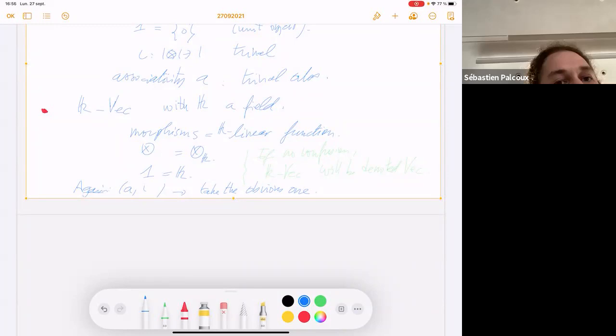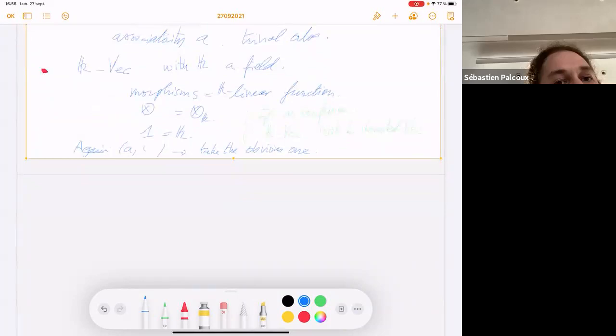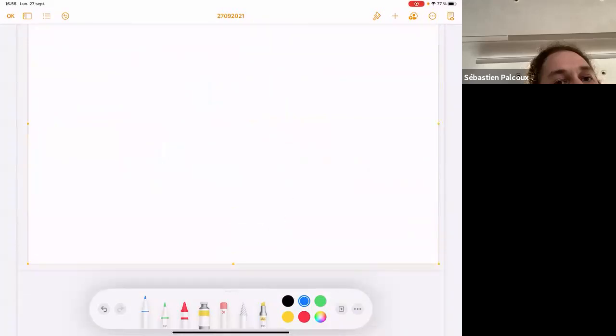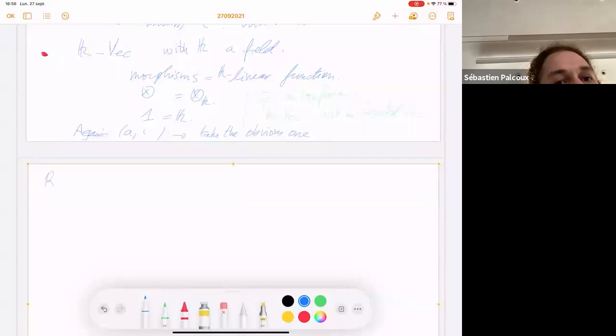So you can generalize a bit. Remark: you can extend the above example by replacing the field by a ring.